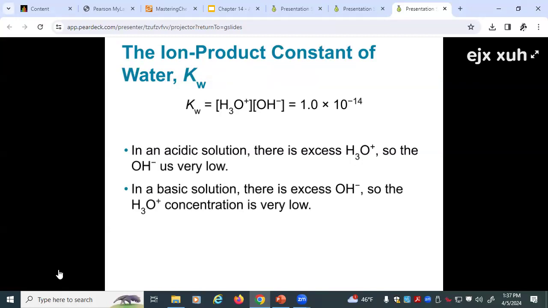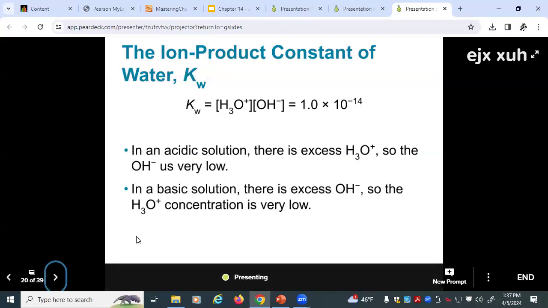Which is why we can say, regardless of how concentrated the hydronium is, there will always be some hydroxide because Kw is always equal to 1 times 10 to the negative 14. This particular equation establishes for us a relationship between hydronium and hydroxide where we can always calculate one given the other.